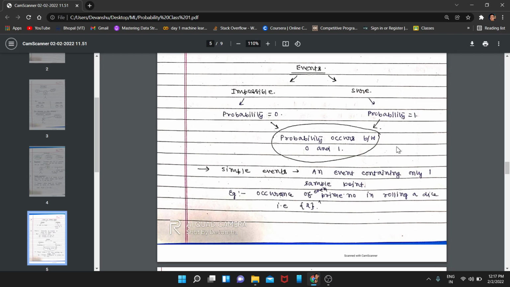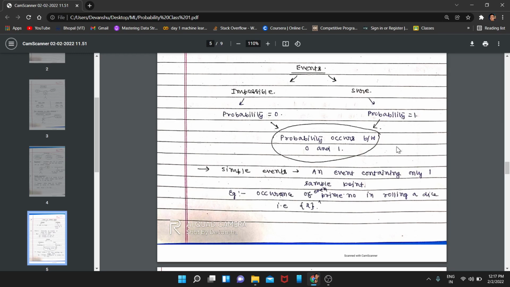Simple event. A simple event is an event which contains only one sample point. For example, the occurrence of an even prime number in rolling a dice is 2. So the sample point of that event is only one.